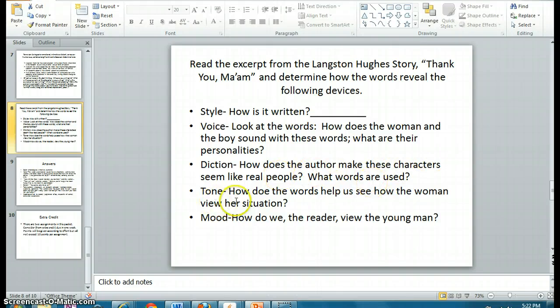What words are used? Tone, how do the words help us see how the woman views her situation? And mood, how do we, the reader, view the young man? So I hope you read the story. Even if you look at my answers below, I would like you to look at the word choice and see how they get there. So I'm going to pause, and I hope you go to the next slide after you read that story in your packet.